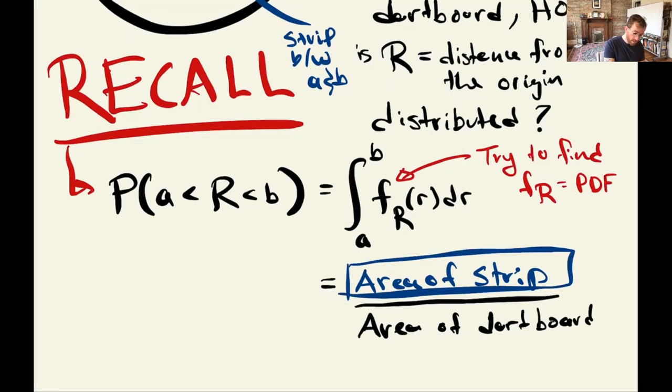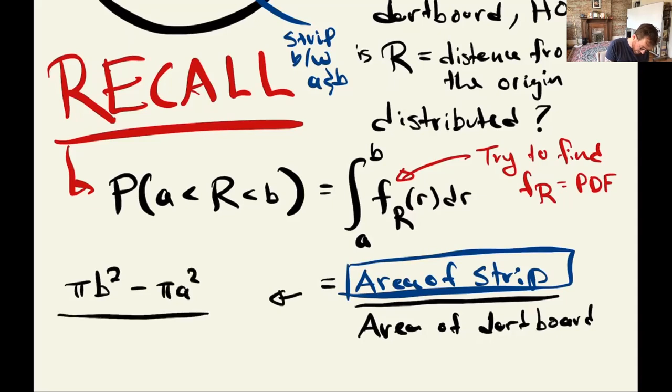Which we can write out an exact formula for as follows. If you have pi times your radius squared, I could take the difference of pi b squared minus pi a squared, and then divide by the area of the dartboard, pi times its radius squared, which we're going to assume is equal to 1, just for simplicity.